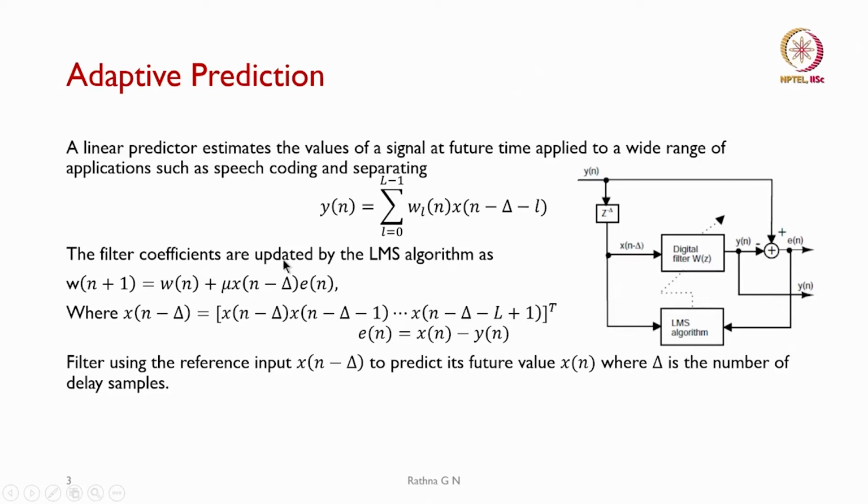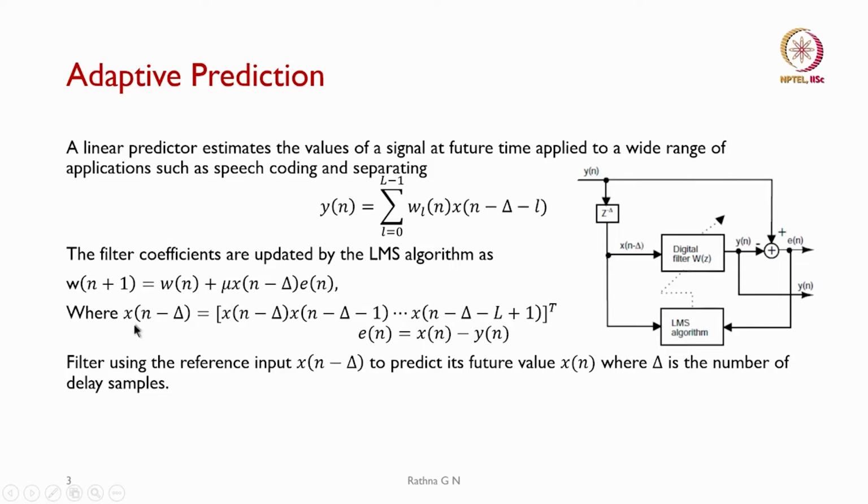The filter coefficients are updated by the LMS algorithm, as you can see: W of n plus 1 is given by W of n plus mu, the step size, into x of n minus delta, which is the input to the weight function, and then e of n, the error which is fed back into our LMS algorithm.